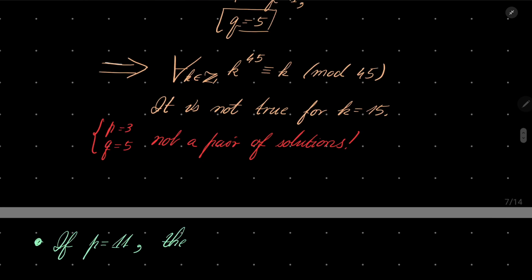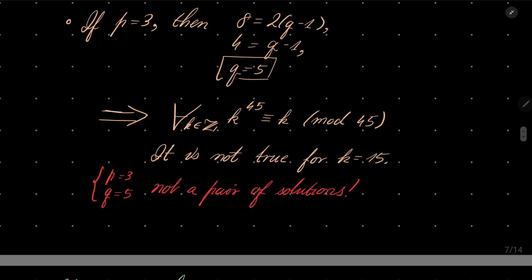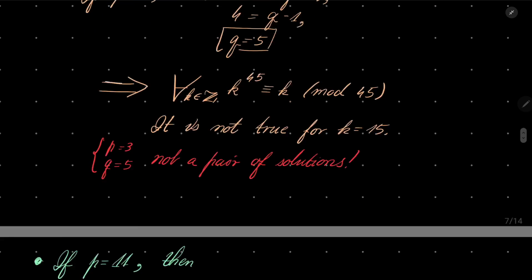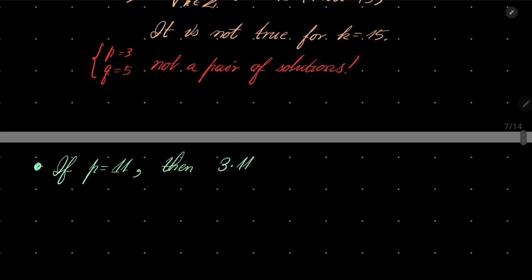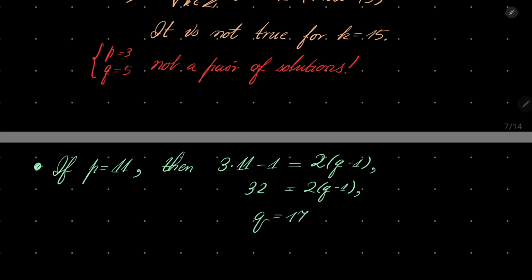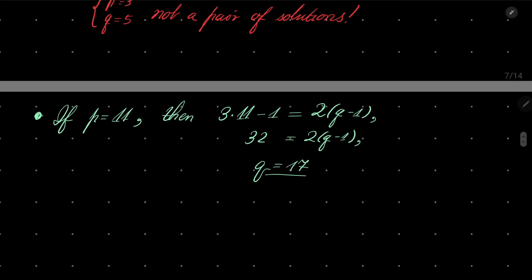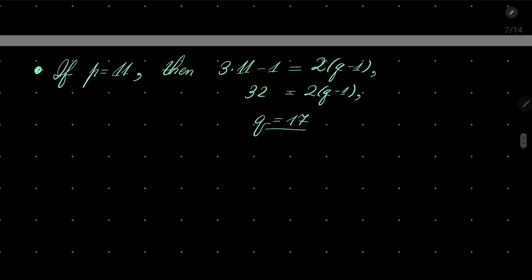Then we have 3p minus 1, so 3 times 11 minus 1 equals 2 times q minus 1. So we have 32 on the left-hand side, so we have q equals 17. So we have p equals 11, q equals 17.